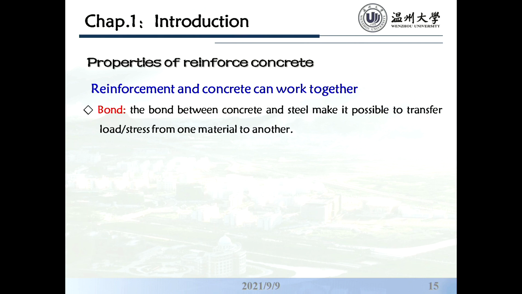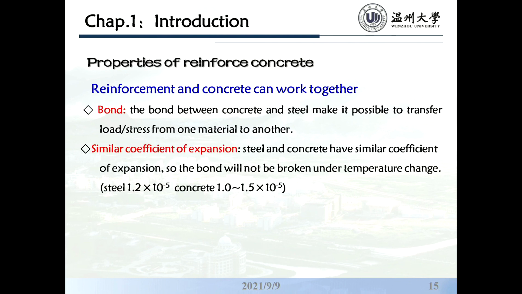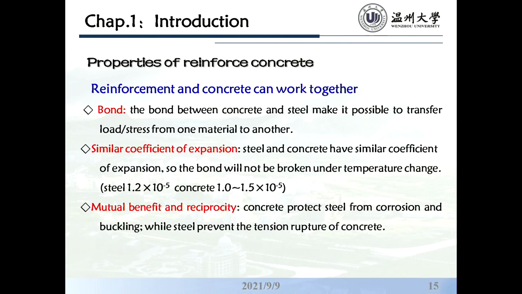And another reason is mutual benefit and reciprocity. As I mentioned before, steel bars have good behavior in tension and also resist compression well, but they are expensive. And concrete is good at compression, and it's cheap.